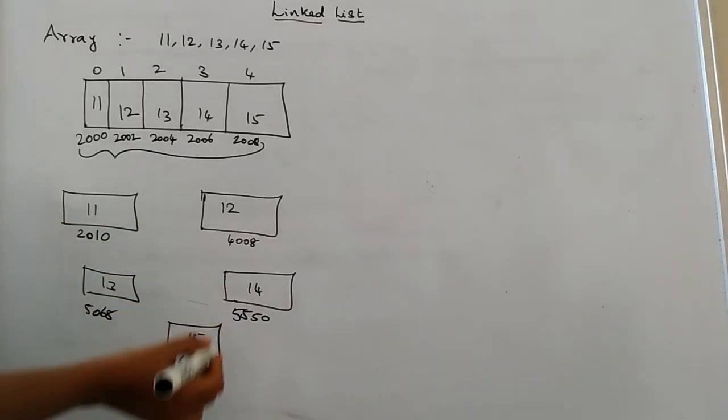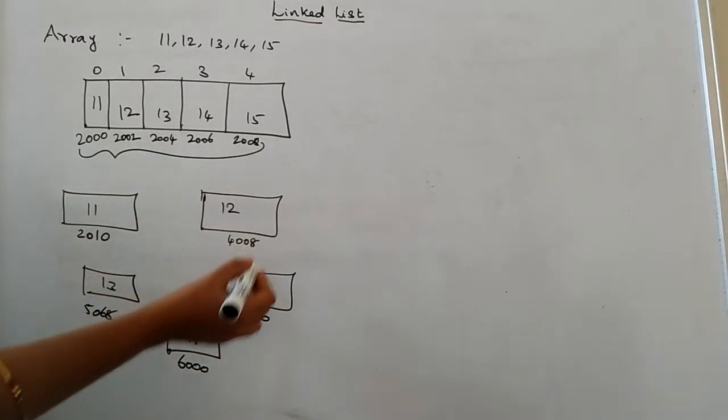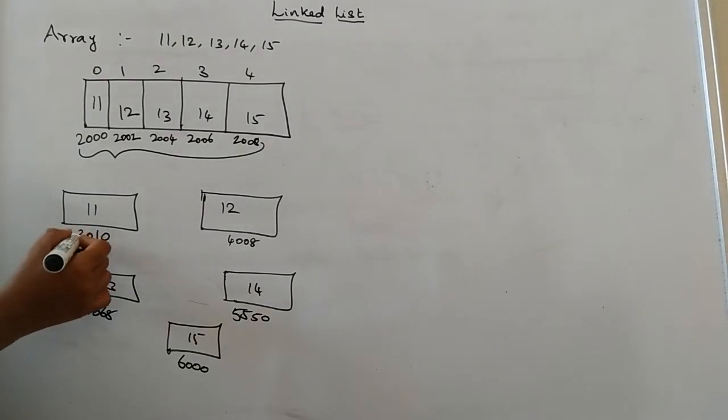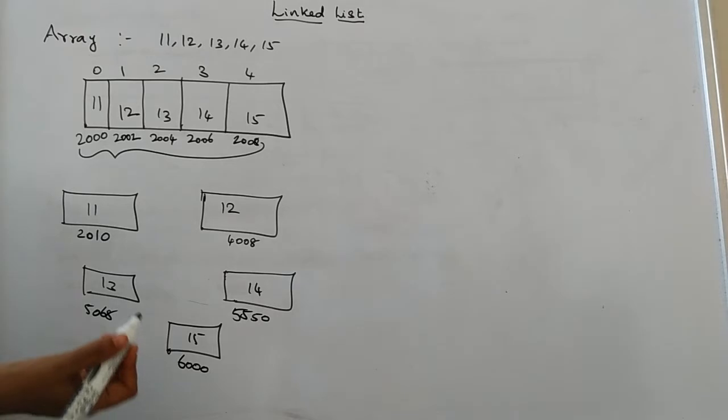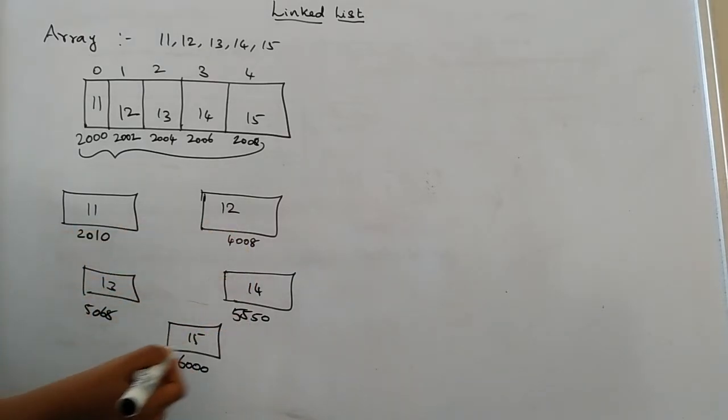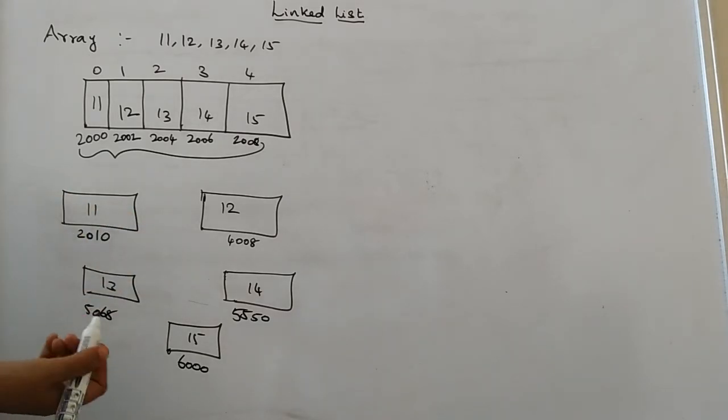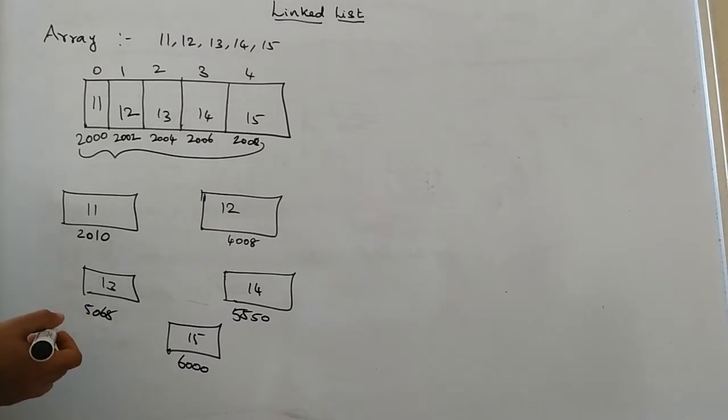Just see the memory allocated here. When you look at the memory locations of these elements, there is no relation between them because the elements are scattered. Wherever the space is free, that memory is reserved by the linked list. But you should know one thing.